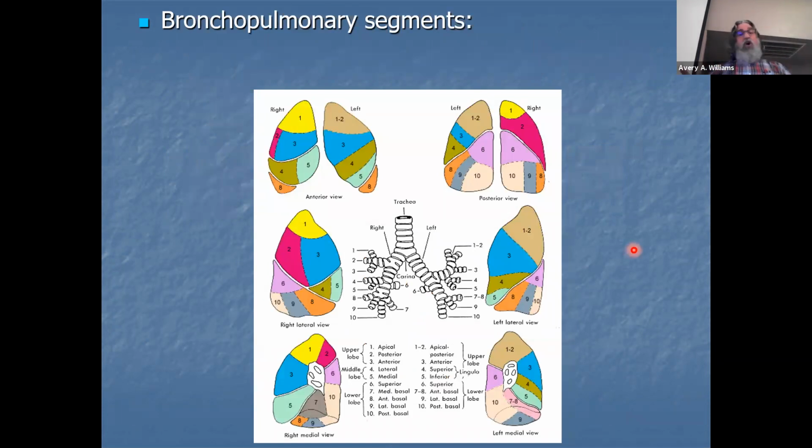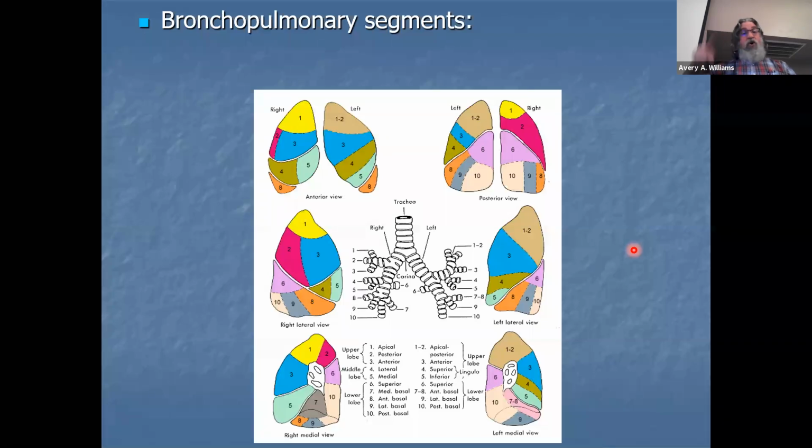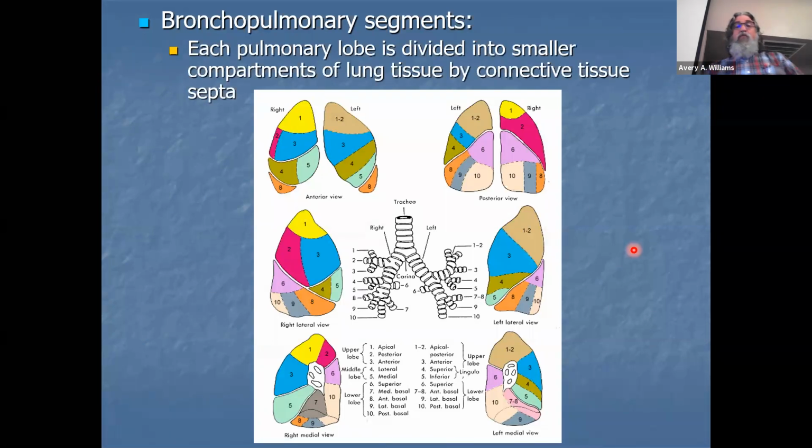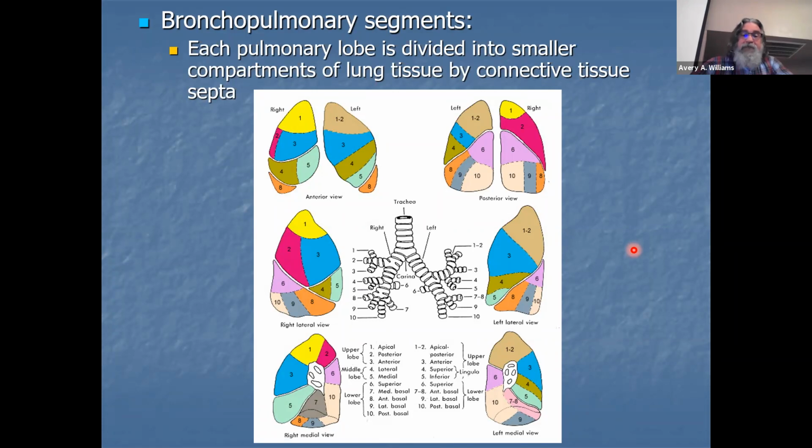Now, two lungs. Lungs are divided into lobes, and in turn, the lobes are divided into bronchopulmonary segments, all right? This is illustrating the bronchopulmonary segments. Each pulmonary lobe is divided into smaller compartments of lung tissue by connective tissue septa.